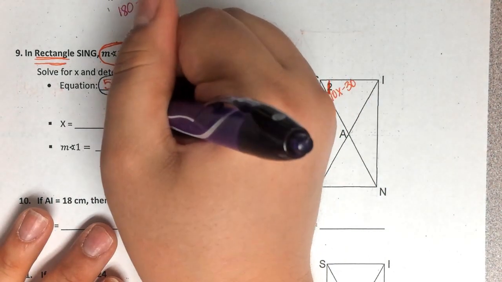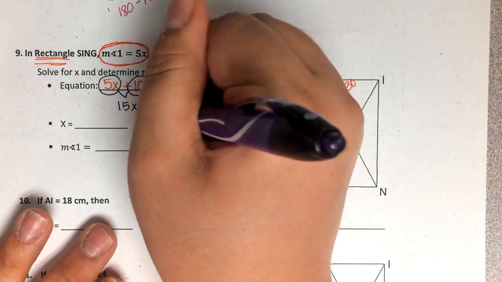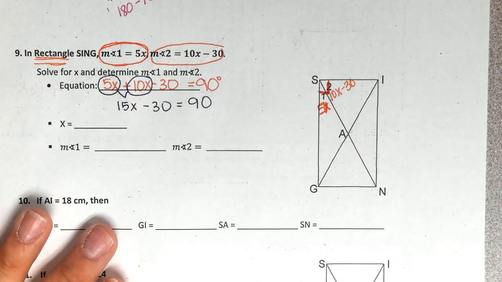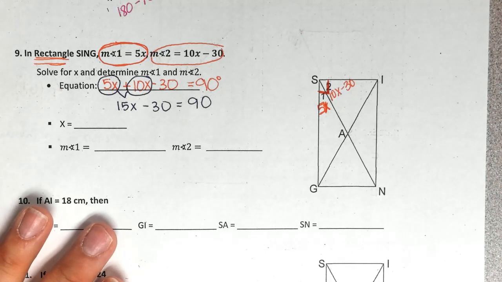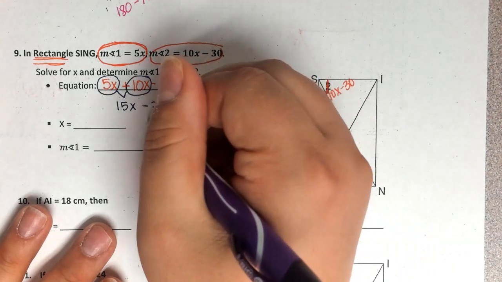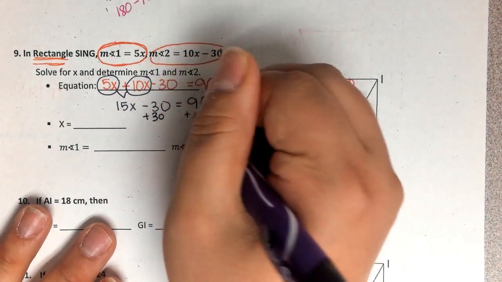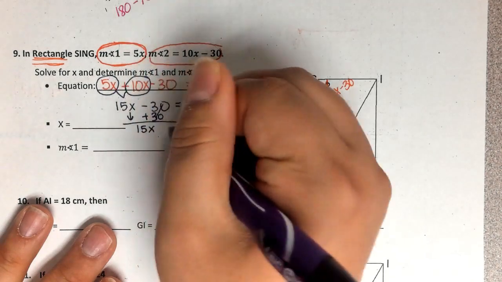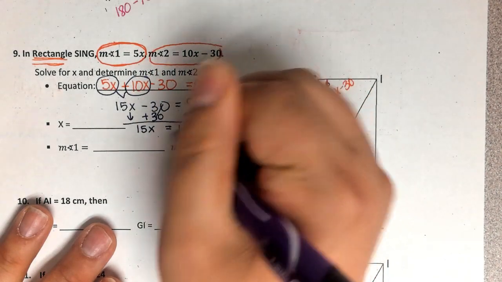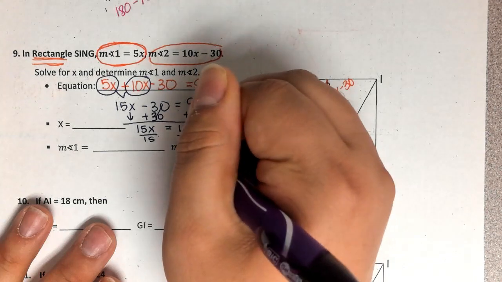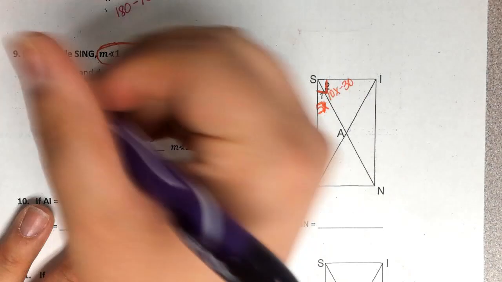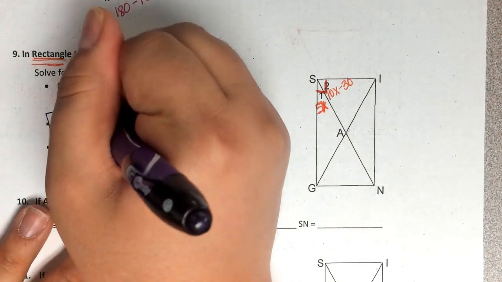So if they're on the same side, I can add them together. And then we are just going to solve. Get rid of your side chick and divide. Do that, please. Can somebody tell me what 120 divided by 15 is? 8? X is 8.